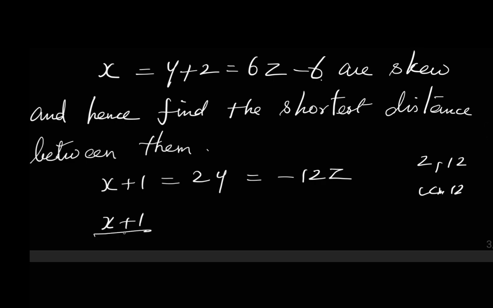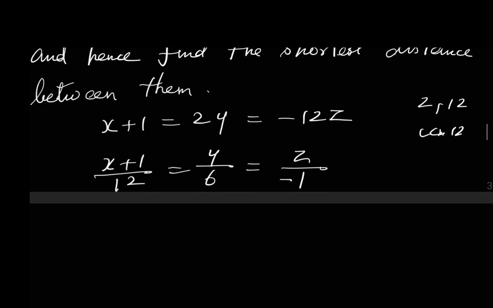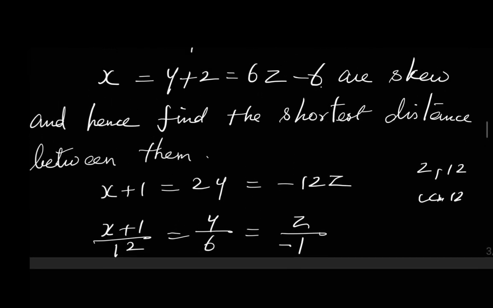We need the denominator terms, from which we get the parallel vector direction ratios. So y by 2 by 12 gives 6, and z by 12 gives 1, with the minus moving into the denominator, so this is minus 1. Here you have to collect the point and the parallel vector.